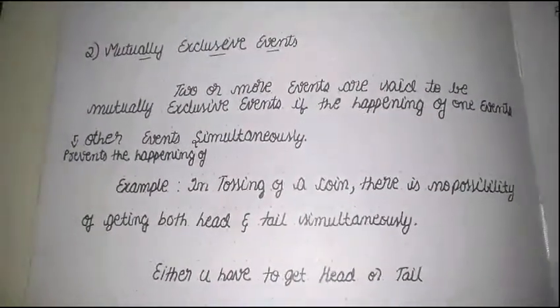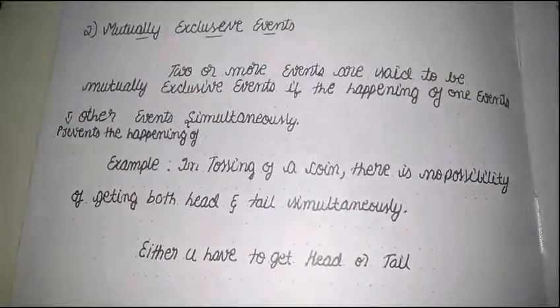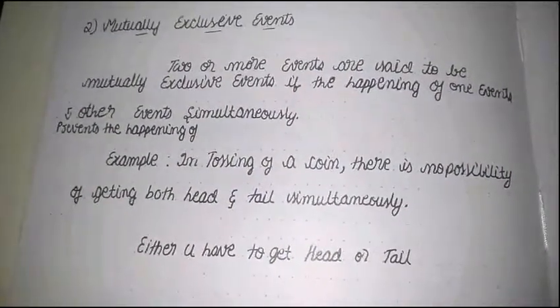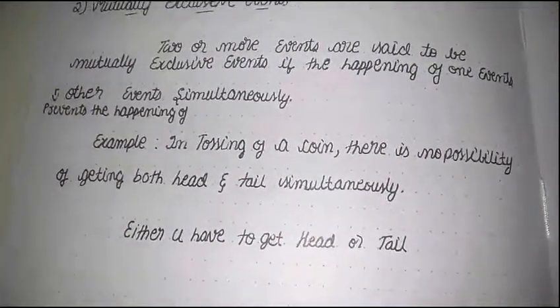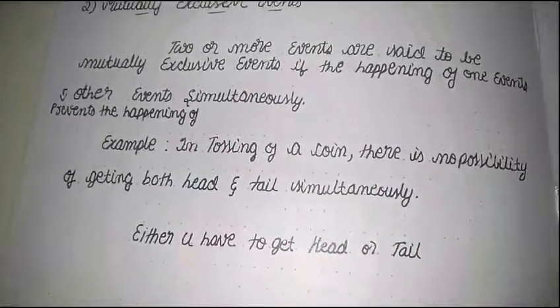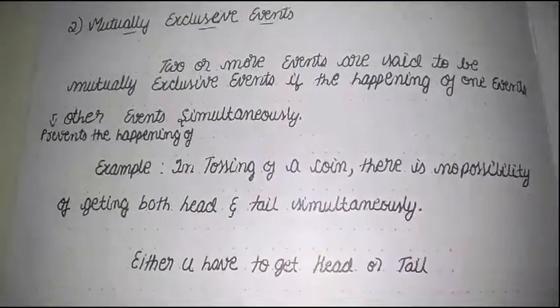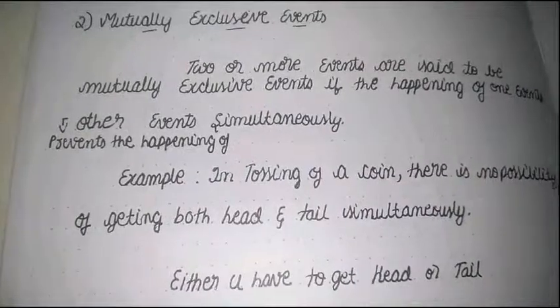Next, we are going to learn about the definition of mutually exclusive events. Two or more events are said to be mutually exclusive if the happening of one event prevents the happening of the other events simultaneously. Listen to this definition carefully.